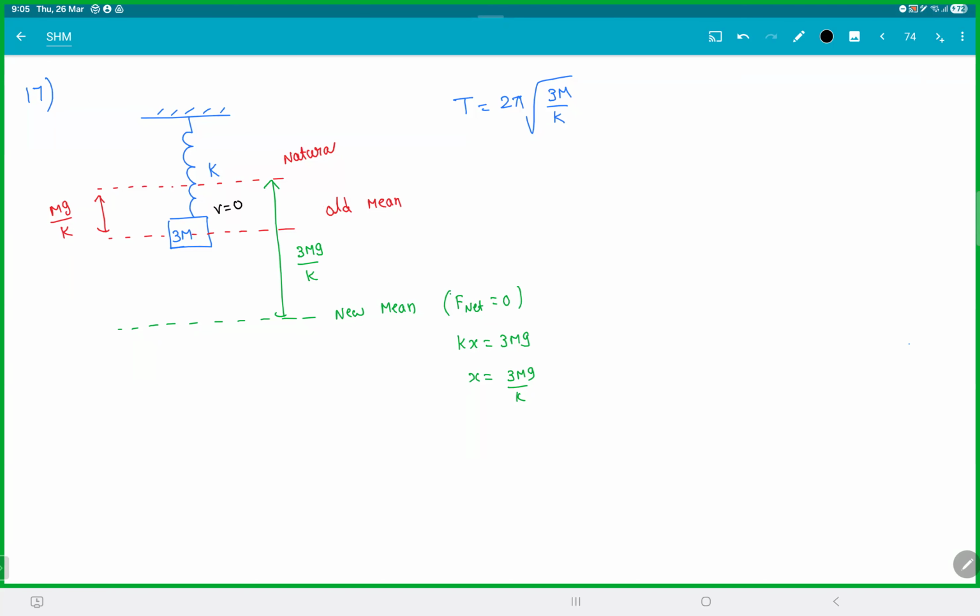That means this old mean position is the new extreme position. Since the system starts from rest, that must be the extreme position, because during an SHM there are only 2 points where you will be at rest, the extreme positions. Since the system starts from rest, the old mean position becomes the new extreme position.